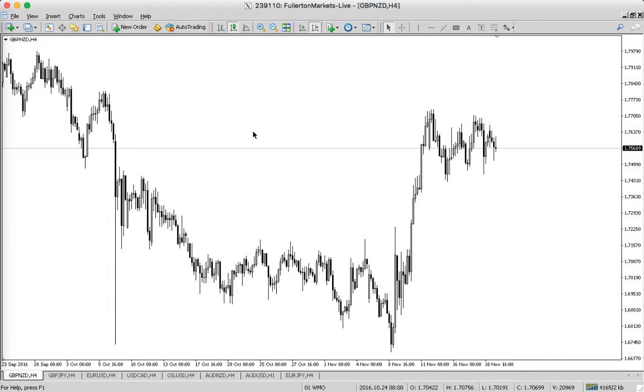Okay, so this is the pound kiwi H4 chart. A very nice consolidation over here.